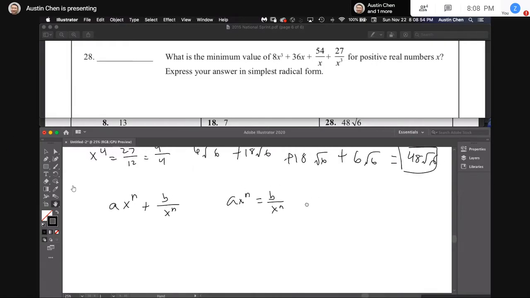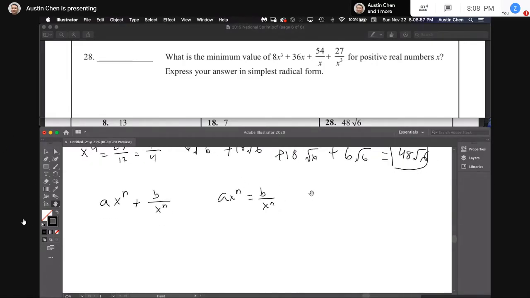Basically, in our function, we can pair up our ax cubed plus 27 over x cubed and 36x plus 54 over x to have it like this.